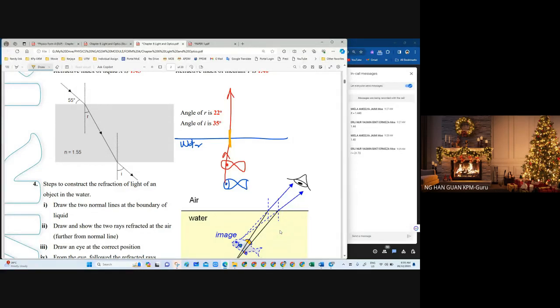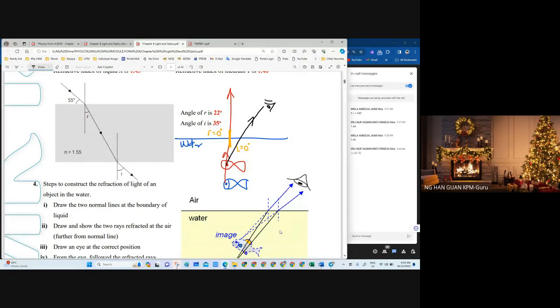So the angle i here is equal to 0, and the angle r is also equal to 0. This is the first straight line you draw. Afterwards, the second straight line. Let's say your eye is here. The second straight line is from the image, because the image is the one that we see, so from the image we draw a straight line directly into the eye.